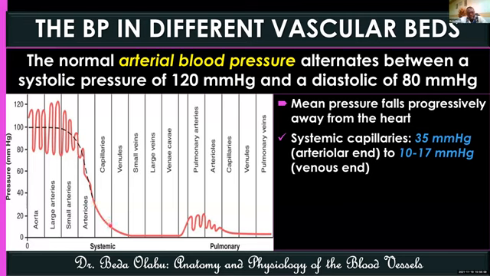And at the venous end of the capillary, the pressure is between 10 to 17 millimeters of mercury. That will depend on the blood flow in that organ. It will also depend on, remember what we talked about, the precapillary sphincters. It will depend on the activity of those ones. And that's why we have a variation at the venous end.